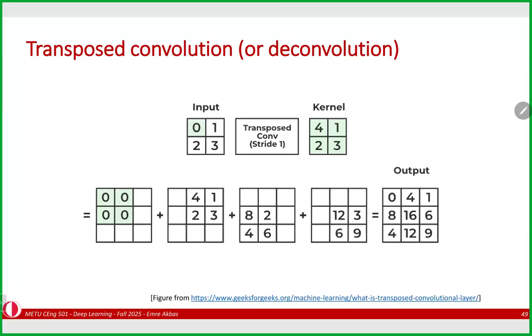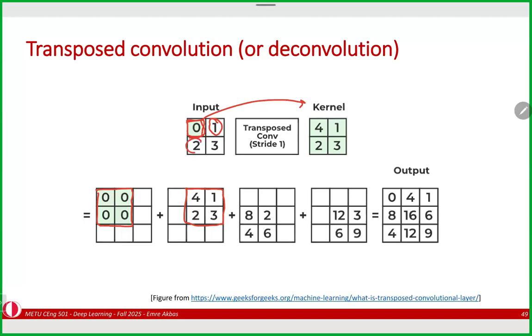In deconvolution, a similar but different operation is carried out. First, you take one pixel in your input and multiply it with your kernel. And because this is 0, you will get 0, 0, 0, 0. And you put it here because it's the first location. In the second location, this 1 gets multiplied with the kernel and it is written at its location.